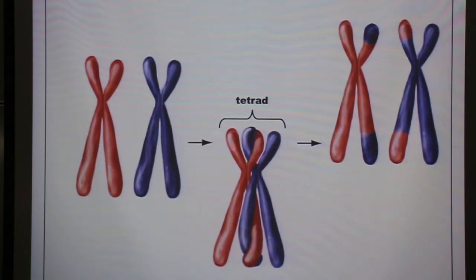They're going to form these structures called tetrads, and then they're going to swap parts. Now in this picture they just show you swapping the ends, but it can swap in many different places. So what ends up happening, you notice, is that this chromosome 1 is now not the same as this chromosome 1 was because it's got some of the blue part on it.